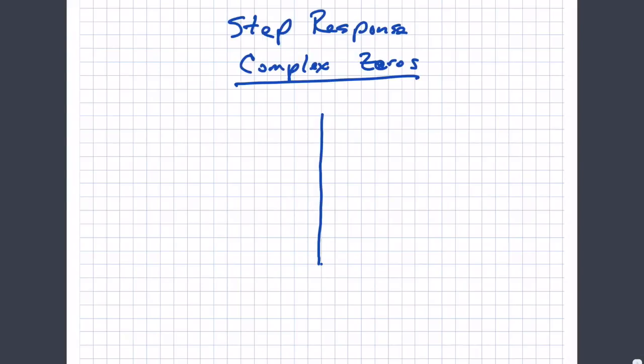So here's the j omega axis. Here is the real axis, sigma. Okay, and this is similar to the study that was done in the book. The book takes a pair of poles that are very lightly damped. Okay, so zeta is equal to 0.1.